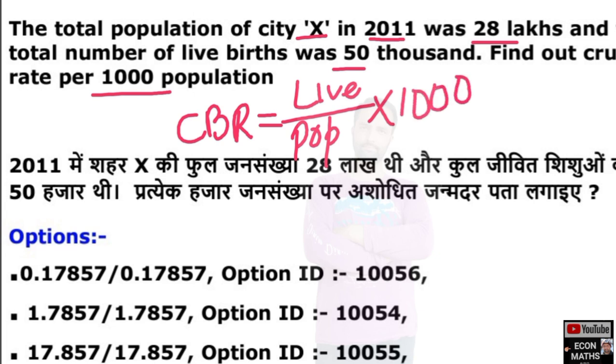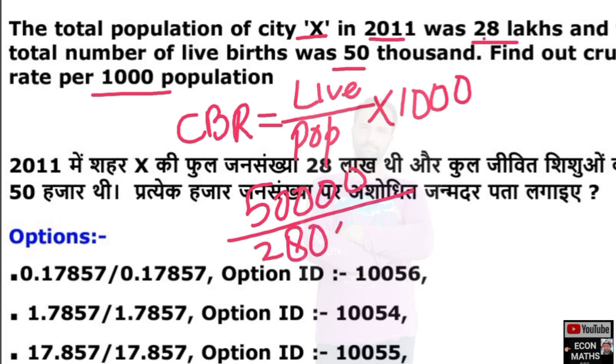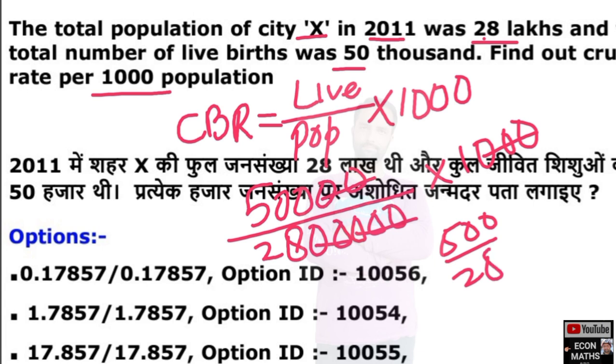The live births are 50,000, so we write 50,000 upon total population 28 lakh, into 1000. These three zeros get cancelled with these three zeros, and these two zeros get cancelled with those zeros, so we are left with 500 upon 28, which will give us 17.85 as the correct option. So this option should be the correct one.